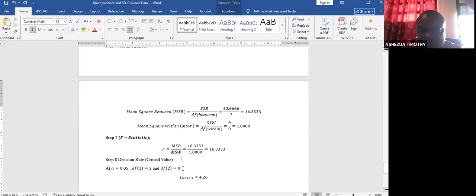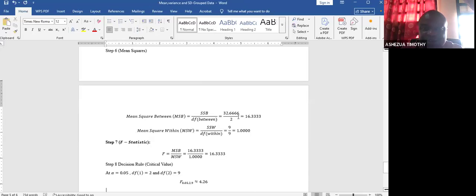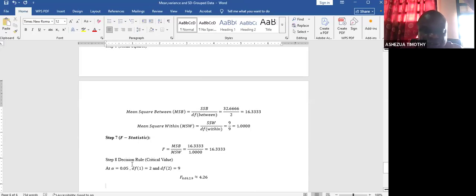I show you: the degree of freedom between is 2, and the degree of freedom within is 9. So 2 and 9 is what I'm calling 1 and 2. The degree of freedom for the first is 2, and for the second one is 9.